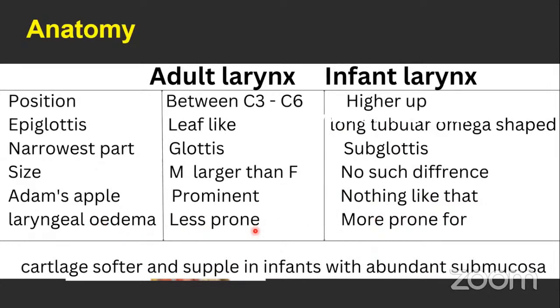Because the cartilages are softer and supple with abundant submucosa, the infant larynx is always more prone to laryngeal edema. That is why acute epiglottitis, laryngotracheobronchitis and all other infections become more serious in infants. Okay, so each of these differences you should remember.